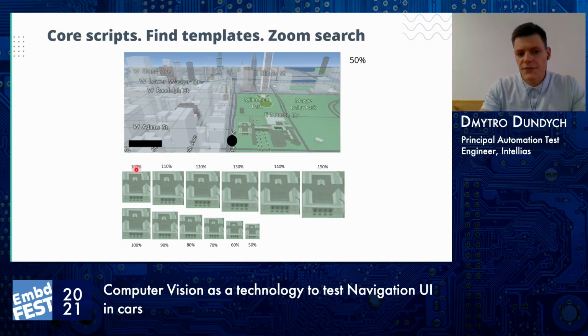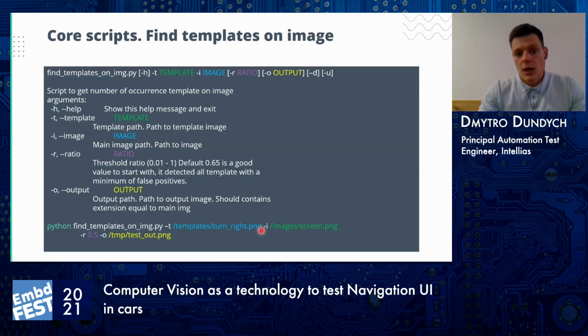So if the first template matching fails, we scale, we increase this part, and if we fail even with 150%, we downscale it and see some result. It really helps us with testing.